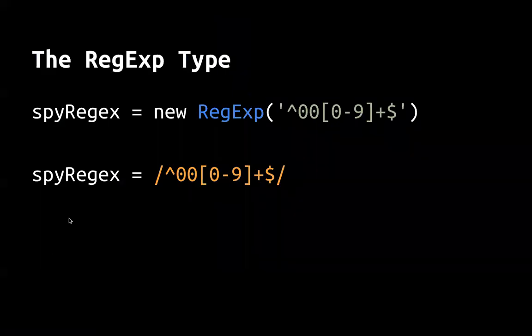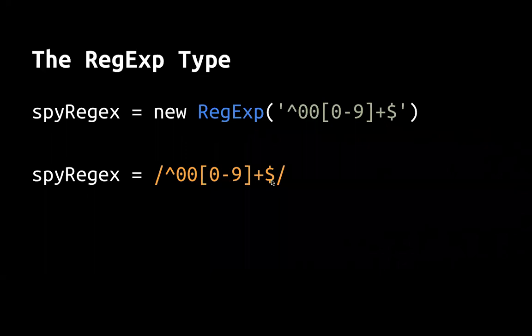In JavaScript, the regular expression type, like arrays and objects, has two ways that you can create it. You can use the new RegExp constructor and pass a string to create a regular expression object. Or you can use forward slashes as a delimiter, I always get the names confused, and put the regular expression right in there.